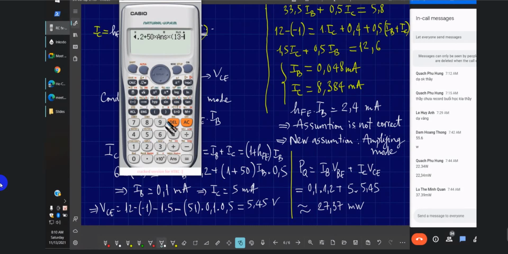Minus 50 multiplied with that, and then minus 51 multiplied with 0.5 multiplied with that, and close the bracket.